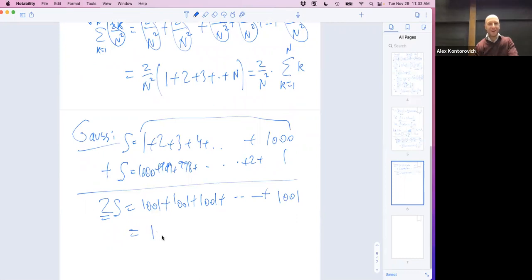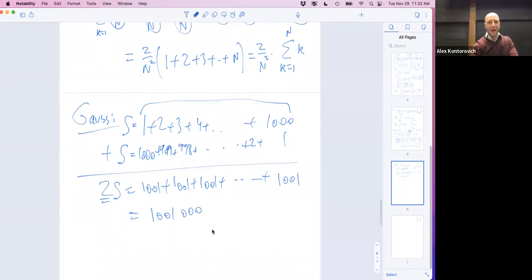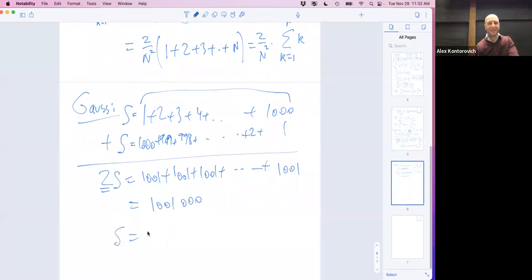That's really easy. So twice S is this. So S is half of this. Half of 1,000,000 is 500,000. Half of 1,000 is 500. Can I go play now, miss? This is what 6-year-old Gauss did instead of detention.